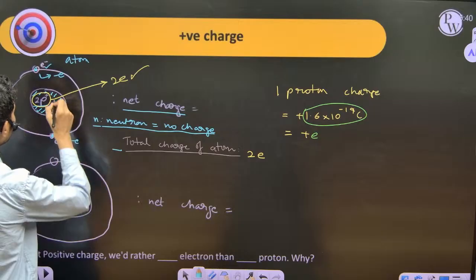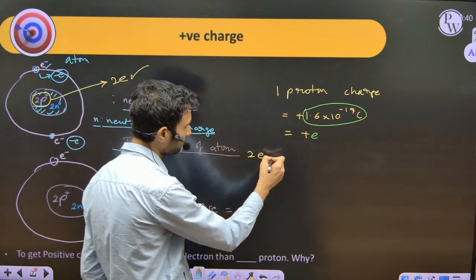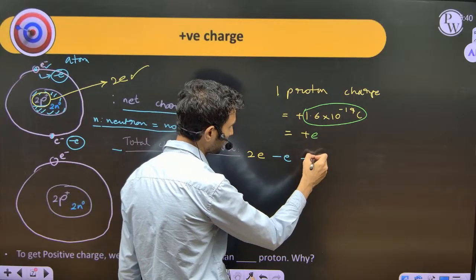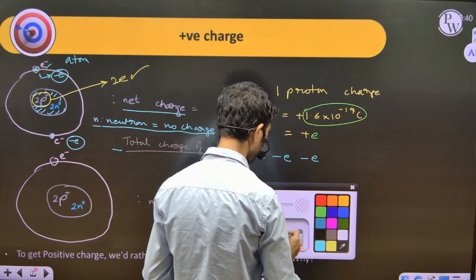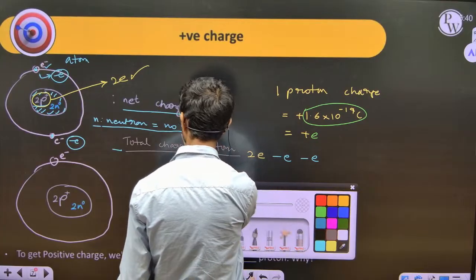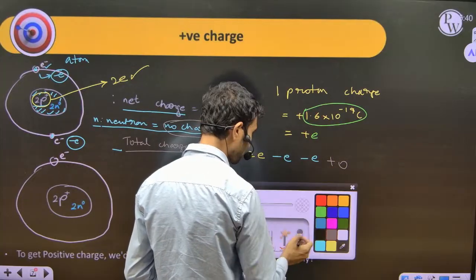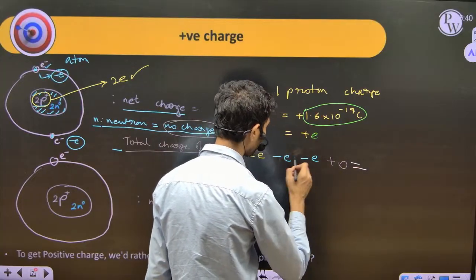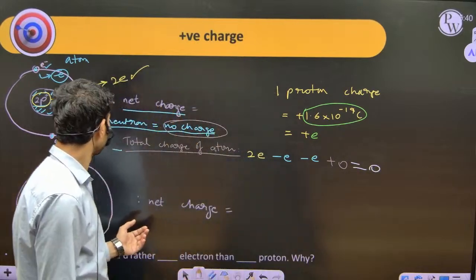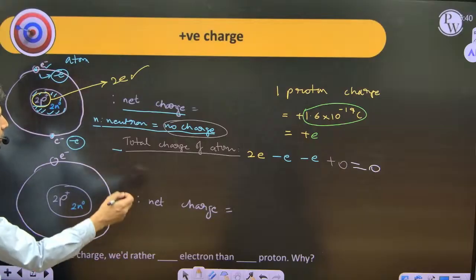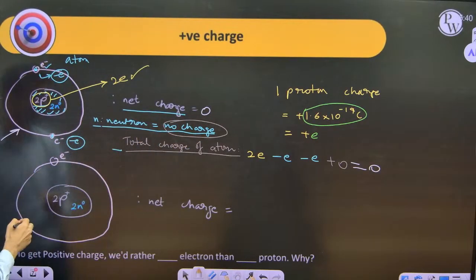Minus e because of one electron, and minus e because of another electron. So how much total? Minus e, minus e. And our neutrons are useless, so these guys are going to give us no charge, so plus 0. So what does the total charge come out to be? In total it comes out to be 0. No charge. So the net charge of this atom is 0.